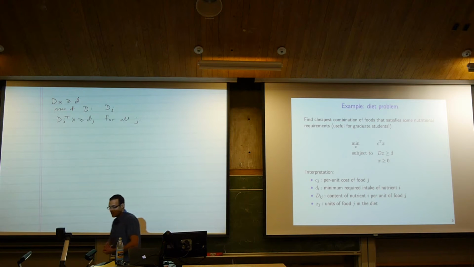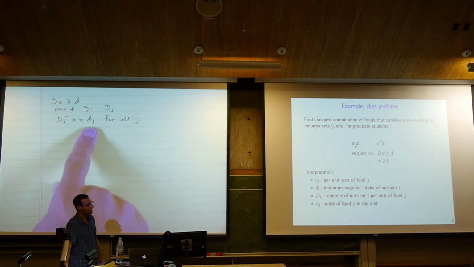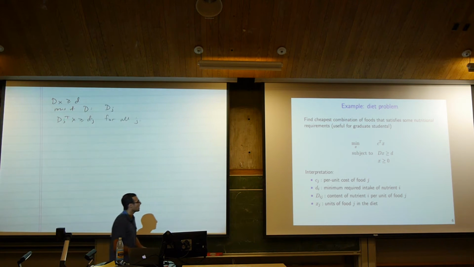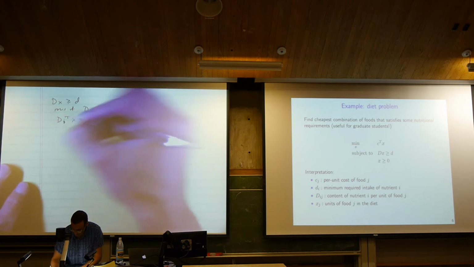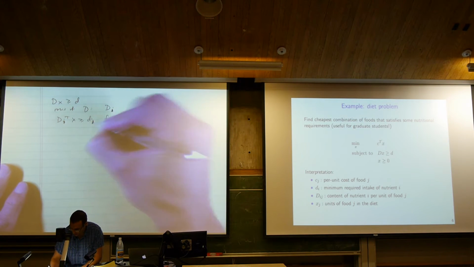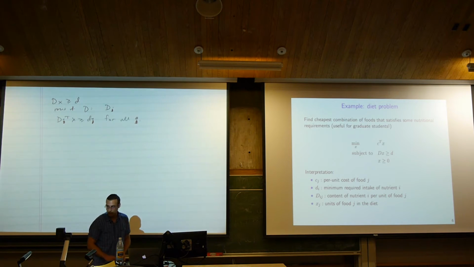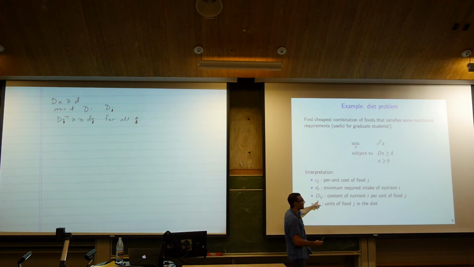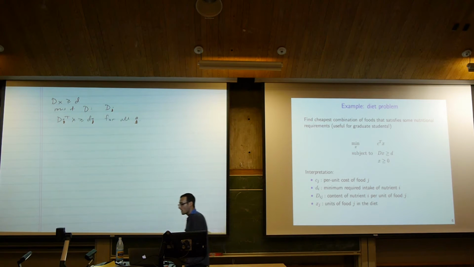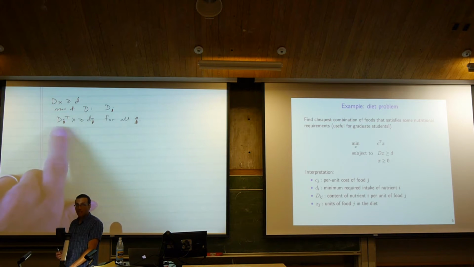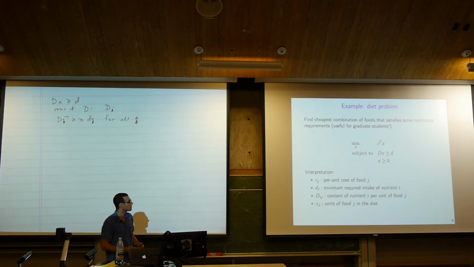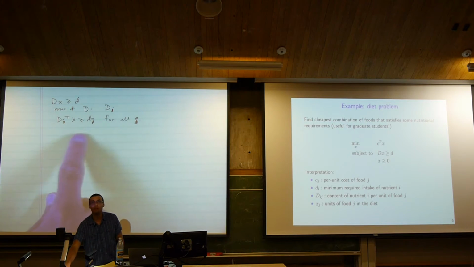This is saying that I need at least this much calcium in my diet, otherwise I'm going to get sick. And Dij is the amount of calcium in food j. So di transpose x is the amount of calcium I'll get out of eating the foods that x describes. So these are all the nutritional requirements I must meet.